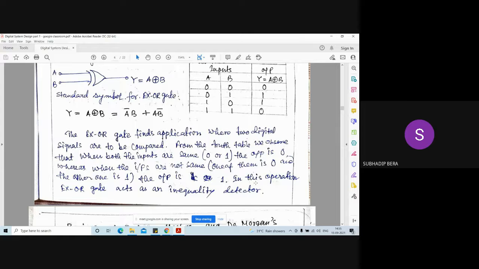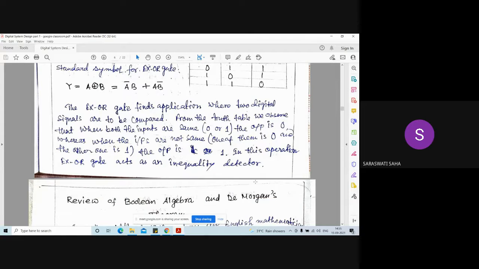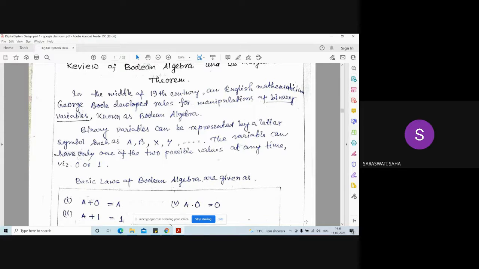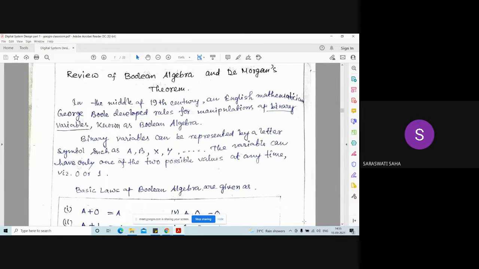Yes, ma'am. So now I am going to the next topic, that is Boolean algebra and De Morgan's theorem. You know the basic algebra. With the help of algebra, you can solve various problems.